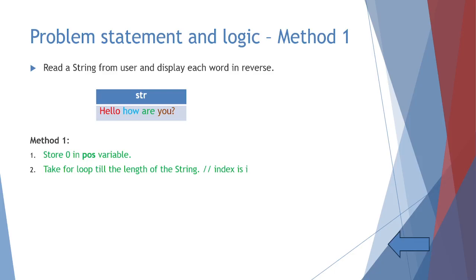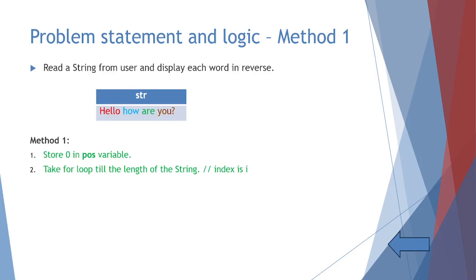Then the outer loop continues, but before accessing the next character, position should be updated to the index of h in the word how, because of the next space between how and are.